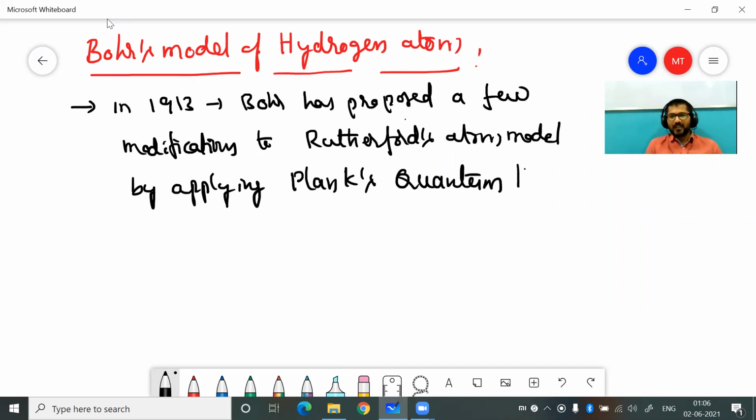And he succeeded in explaining a few very important characteristics of the atomic structure.